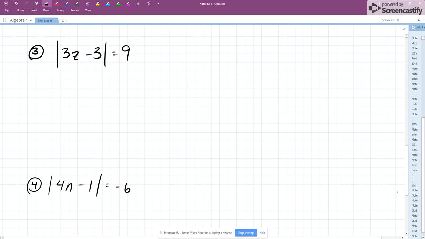So let's try example 3. Write down the problem, the absolute value of 3z minus 3 equals 9. And once you've written down the problem, write down the 2 problems that you need to solve. So you're going to rewrite the original problem, write the word or, and then write the opposite problem out.